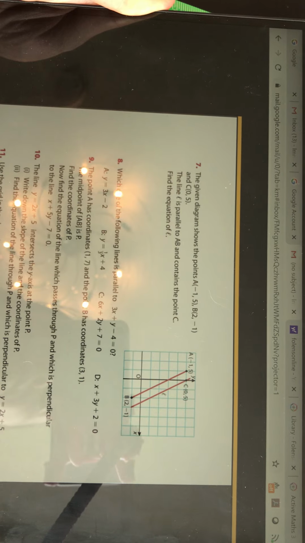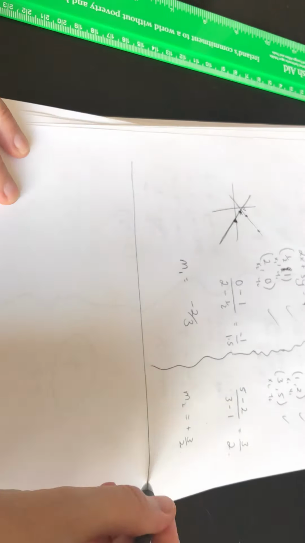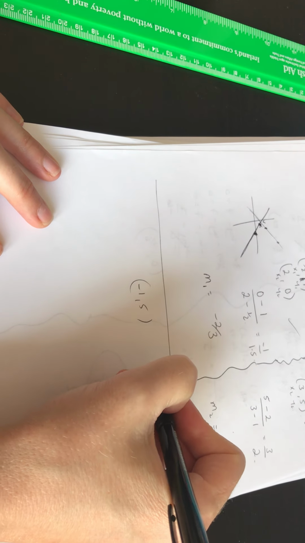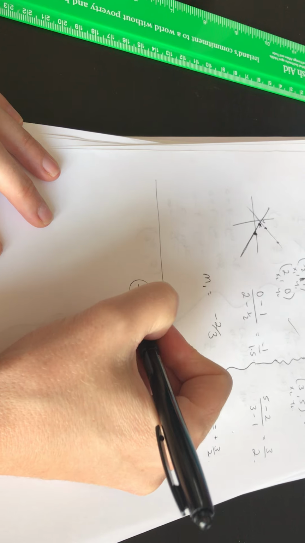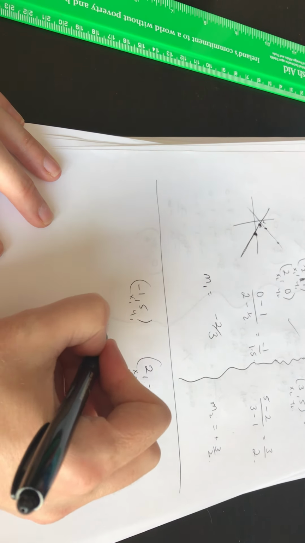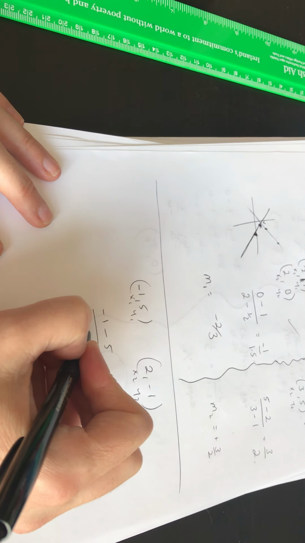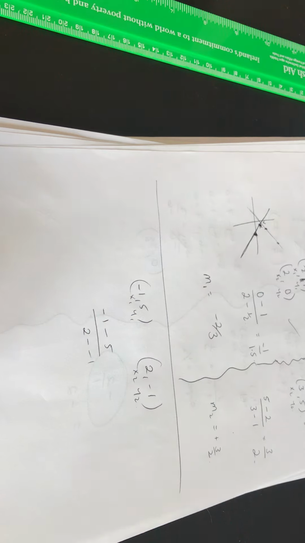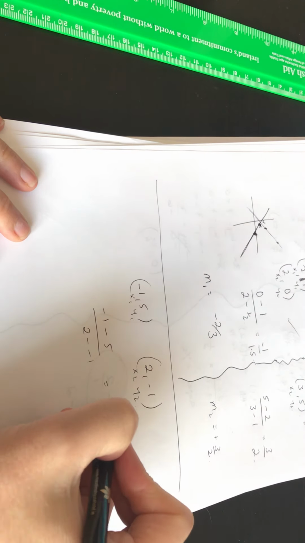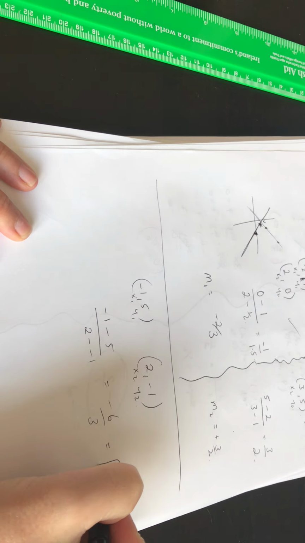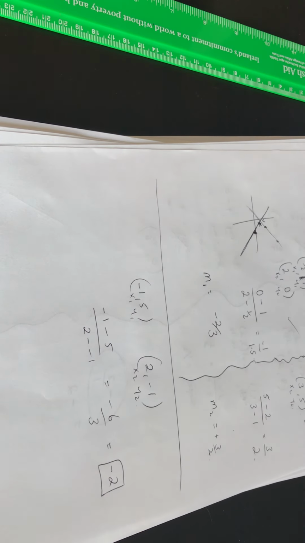I'm going to get the slope of AB. -1, 5 is A, and 2, -1 is B. x1, y1, x2, y2, y2 minus y1 over x2 minus x1 is a -1, so just be careful of that. So that's -6 over 3, which gives me -2.